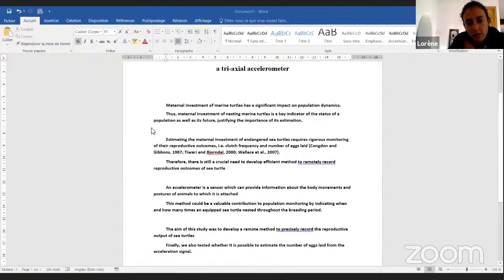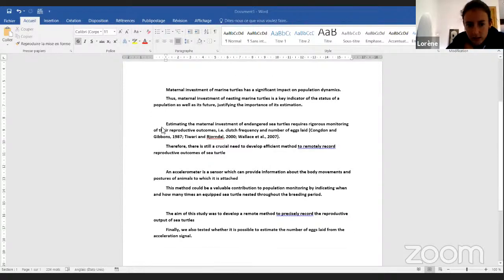Estimating the maternal investment of endangered sea turtles requires rigorous monitoring of their reproductive outcomes, meaning clutch frequency and number of eggs laid. Therefore, there is still a crucial need to develop efficient methods to remotely record reproductive outcomes of sea turtles.